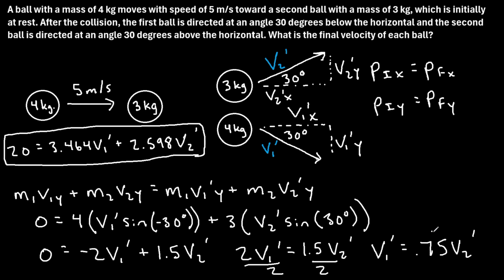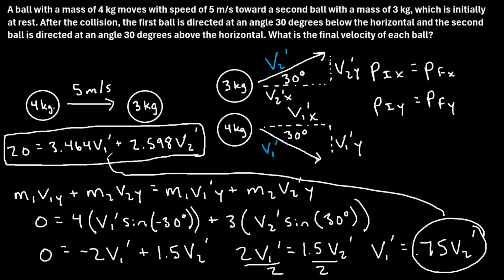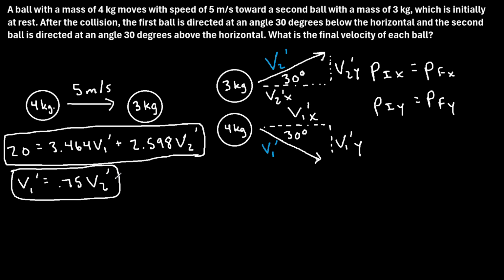So now notice what we can do. We can plug in this value for the final velocity of the first ball into this equation right here, and we'll be able to solve for the final velocity of the second ball. Let's go ahead and do that. I'll clear a little bit of space again. Okay, so I've rewritten the equations. Let's plug in this value in for v1 prime in this equation.